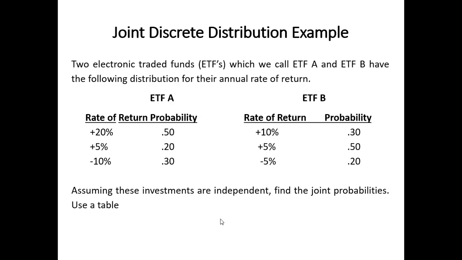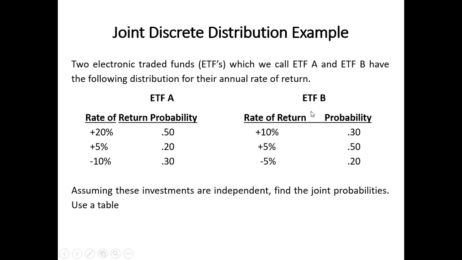So here's an example. Suppose we have 2 exchange traded funds, ETFs. We'll call the first ETF A and the second ETF B. Think of this as an investment. Let's say we have some sort of estimate that over a period of a year, ETF A will return 20% with probability 0.5, 5% with probability 0.2, and lose 10% with probability 0.3.